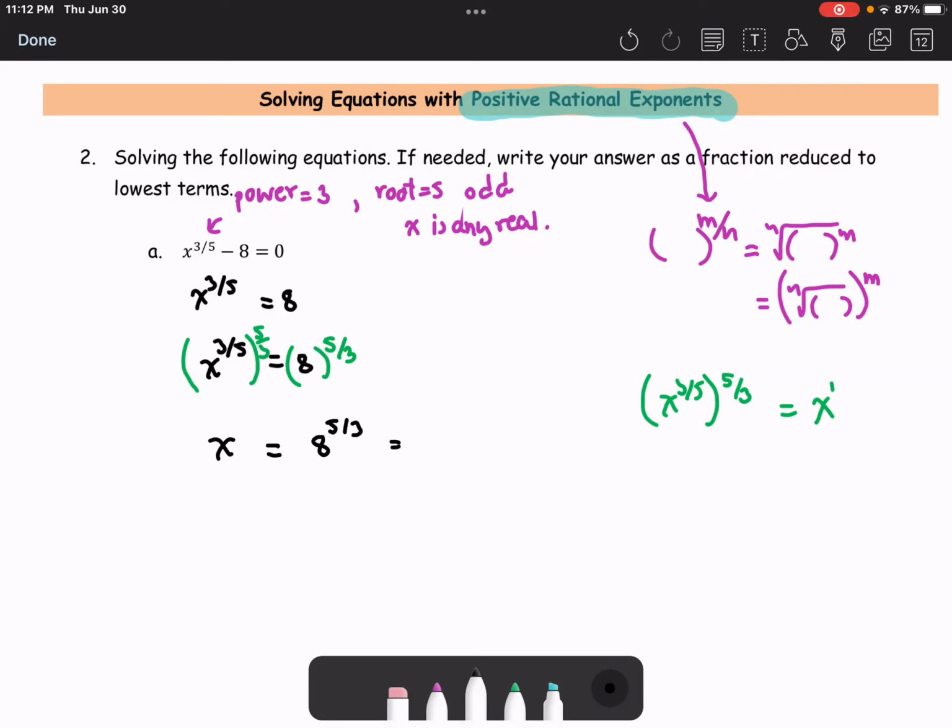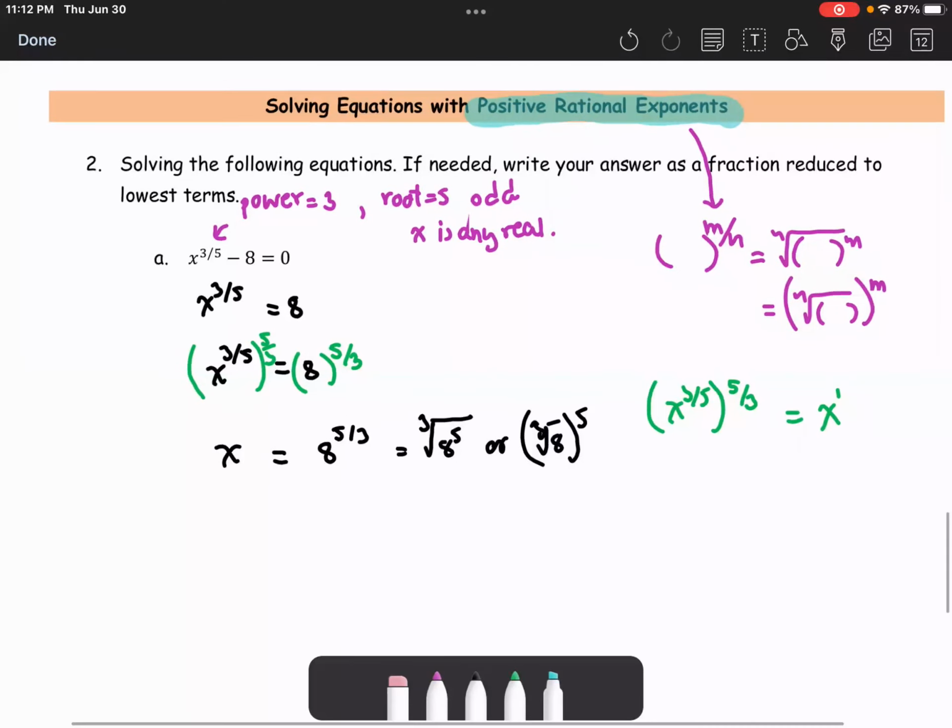It means 8 to the fifth, and then take the cube root of it, or the cube root of 8 all raised to the fifth power. Whatever form you like, because both of the numbers 3 and 5 are odd numbers, the order doesn't matter.